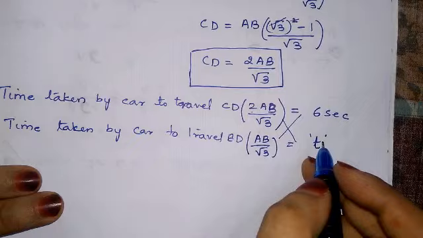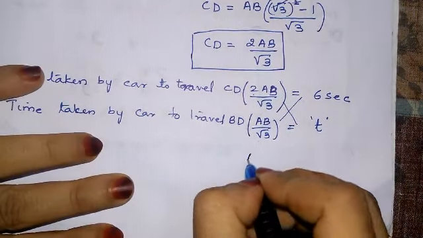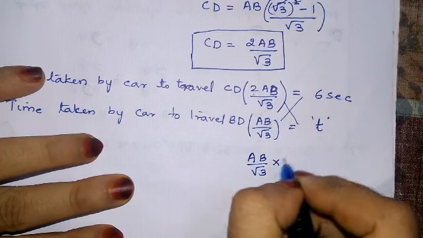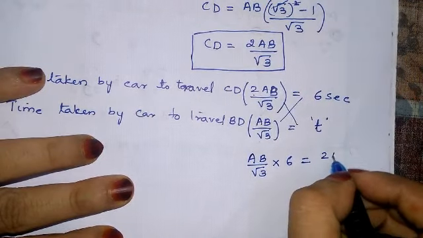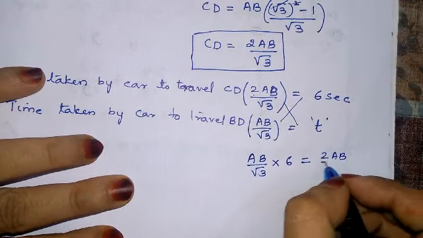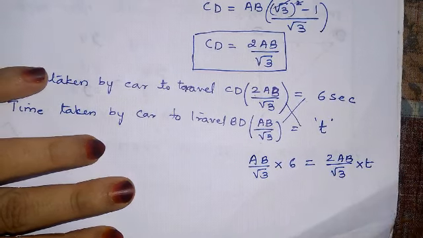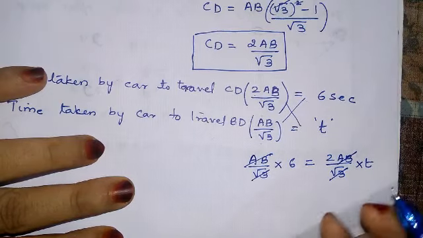Cross multiply. 2AB by root 3 into 6 is equal to 2AB by root 3 into T. Right. So, root 3 gets cancelled, AB gets cancelled.